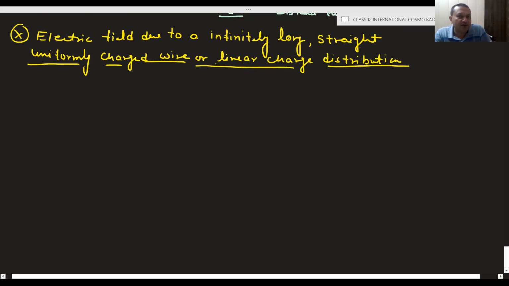Whatever you want to write, you can. So electric field due to infinitely long, straight, uniformly charged wire or linear charge distribution.